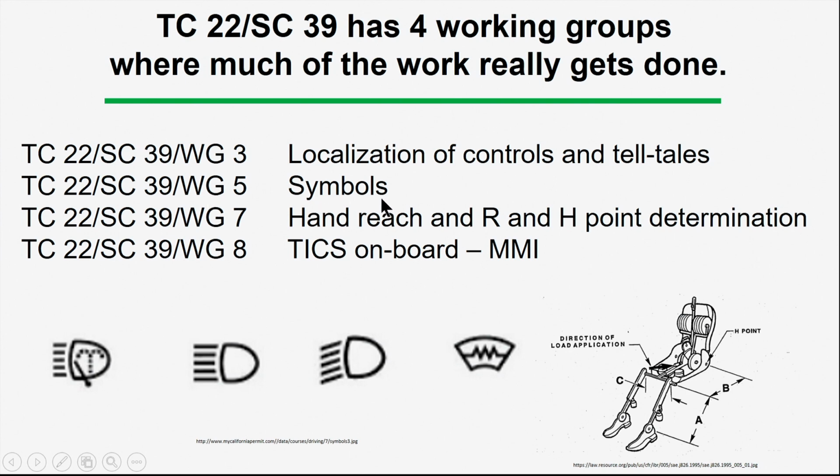They update their standard every year. Symbols. 7, R and H point, which is a reference point in the vehicle for human positioning, and the positioning of mannequins or dummies that are used to determine various locations inside the vehicle. And finally, it has to do with information systems on board a vehicle.